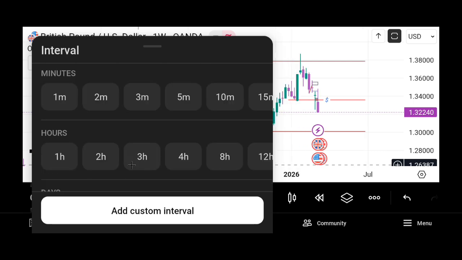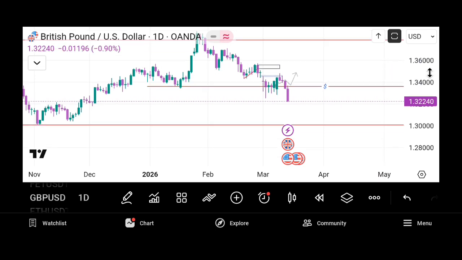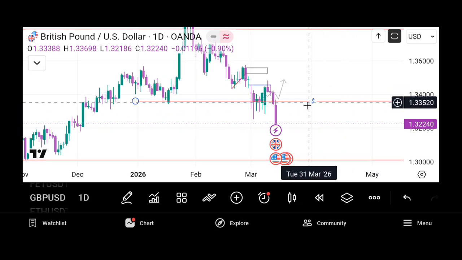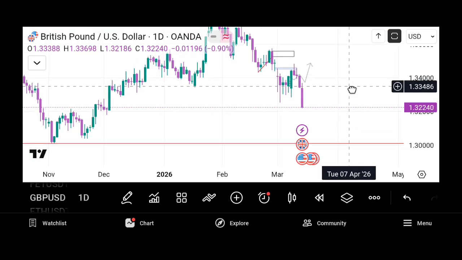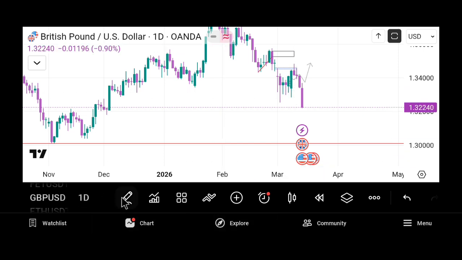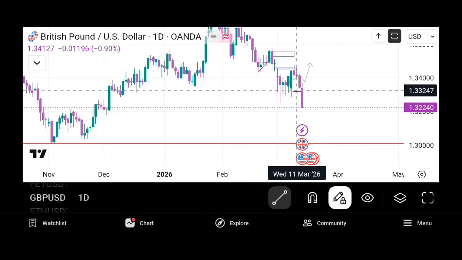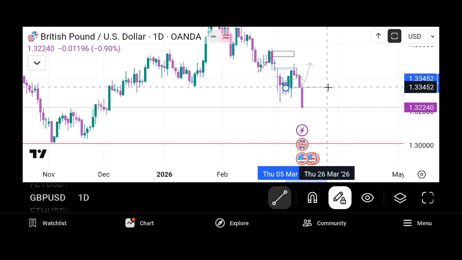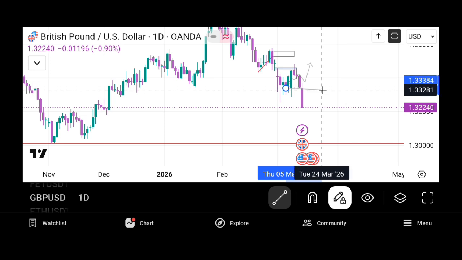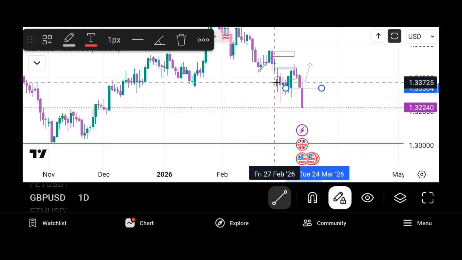Then on the daily, you have this nice change of state of delivery, which is this. So we have this nice order block.